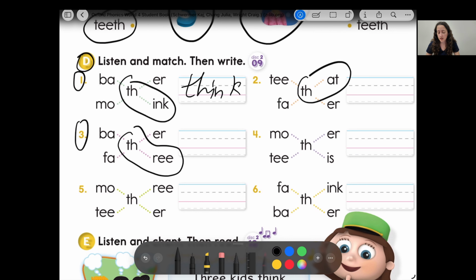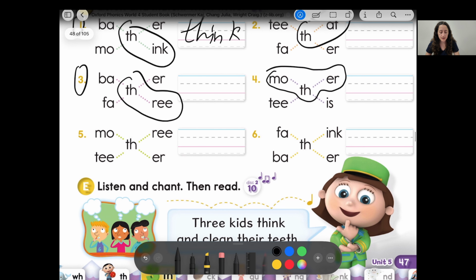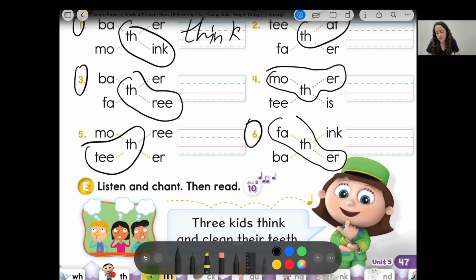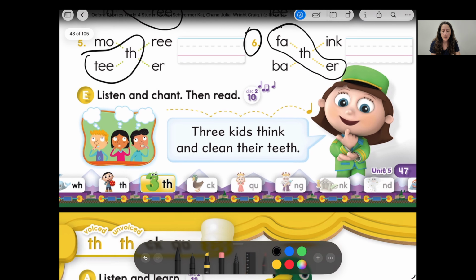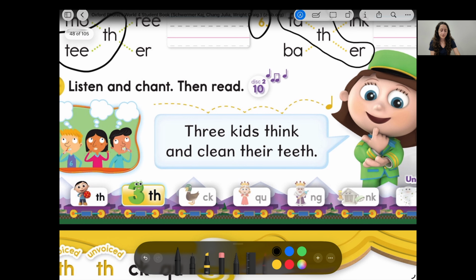Number 4 is mother. Number 5 is teeth. And number 6 is father. Father is this one. Good, well done. Now let's read the sentence.